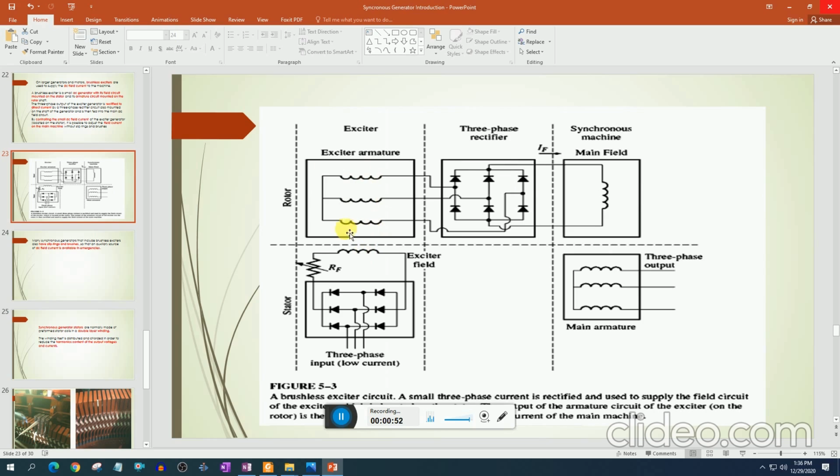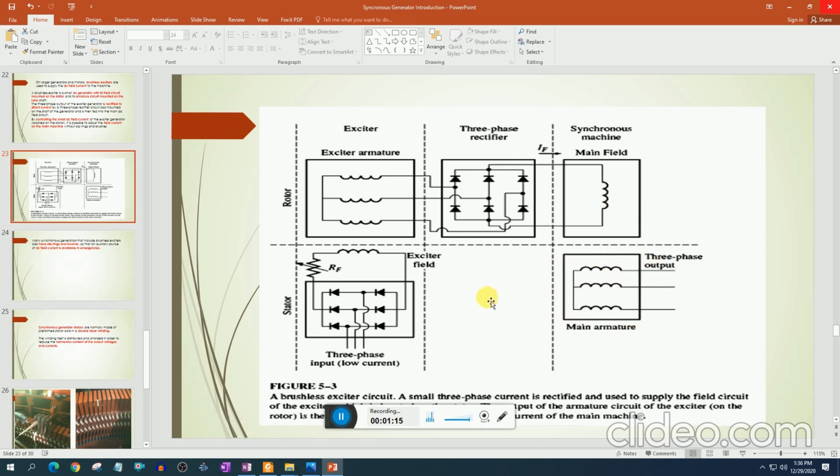induces an AC voltage in this exciter armature, and this AC voltage is rectified, and after being rectified it is connected to the main field winding of the rotor circuit, and this main field winding then induces the main voltage on the stator winding.